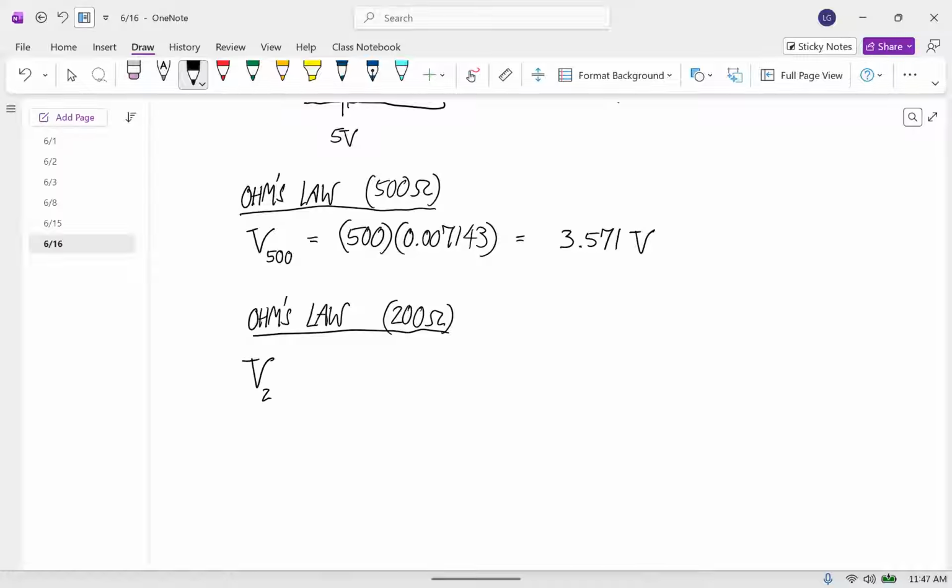So the voltage across the 200 is the resistance times the current.